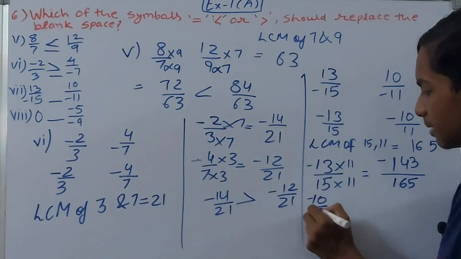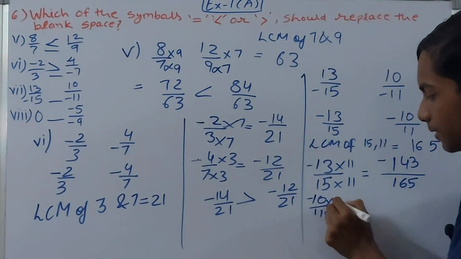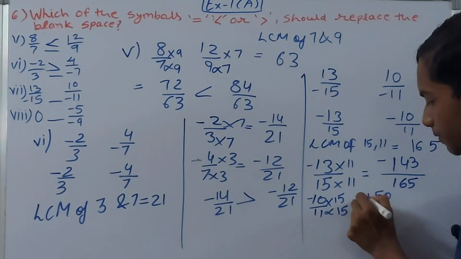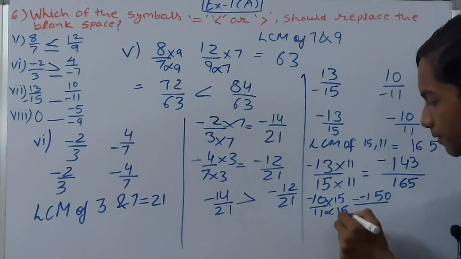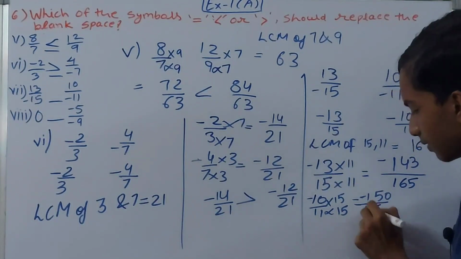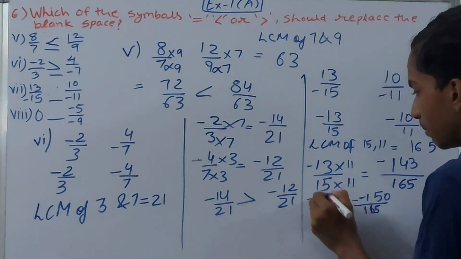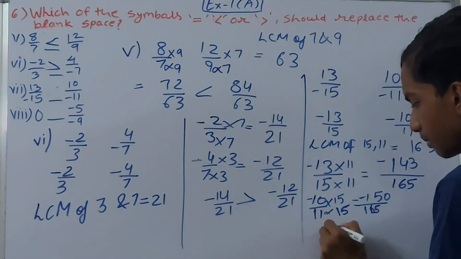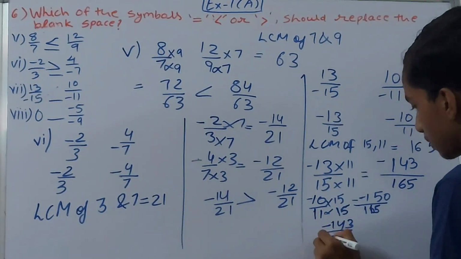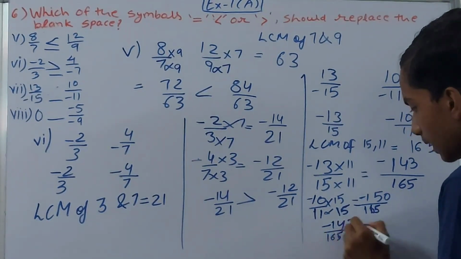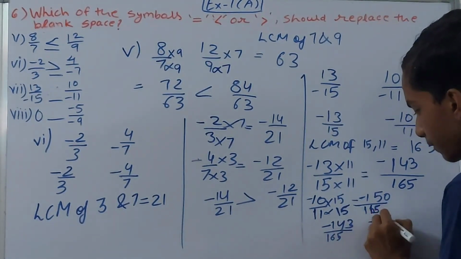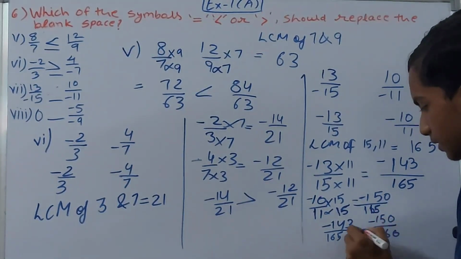That is minus 10 by 11, so into 15, which is minus 150 upon 11 into 15, which is 165. Now compare. Minus 13 by 15 is minus 143 by 165, and this is minus 150 by 165. Which one is greater?